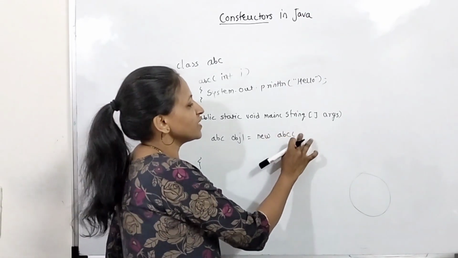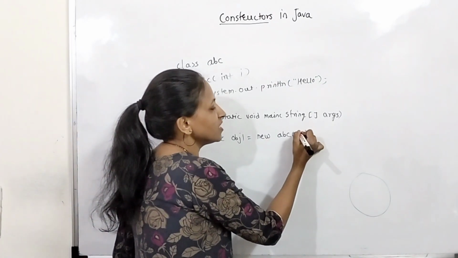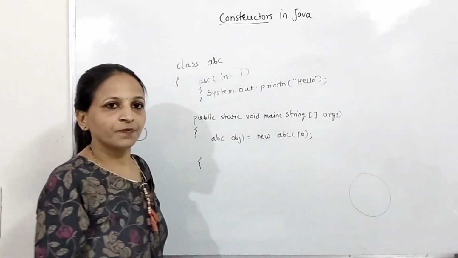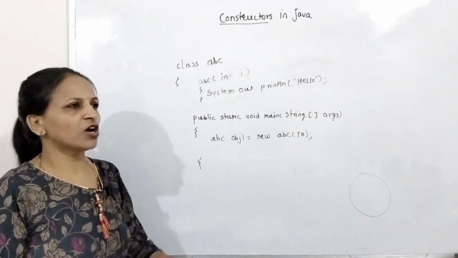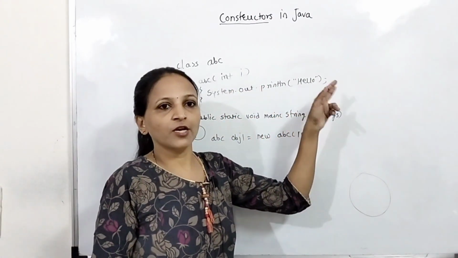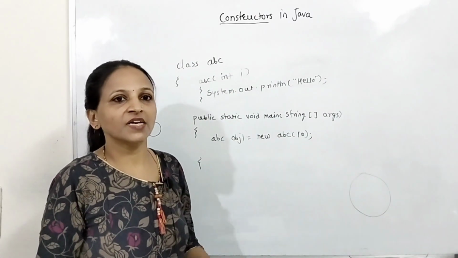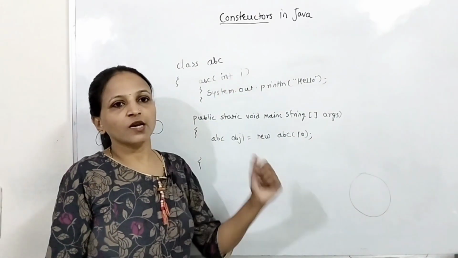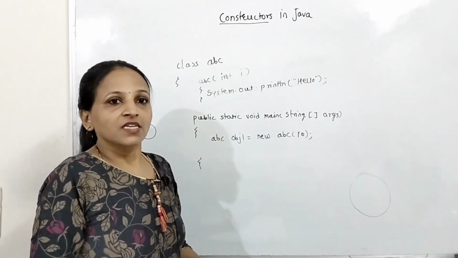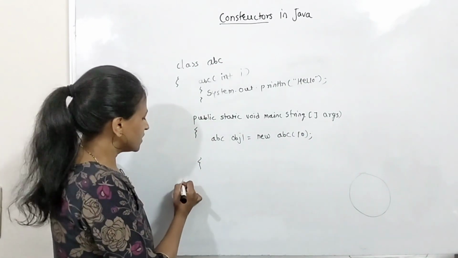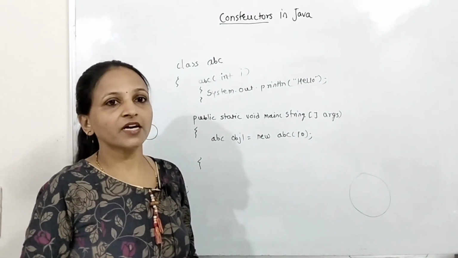Here you have to compulsorily pass an integer value, then only this constructor will be called. Here you can use that i value. If there is an instance variable, you can do assignment and initialization with the help of arguments. Getting? This is some introductory part about constructors.